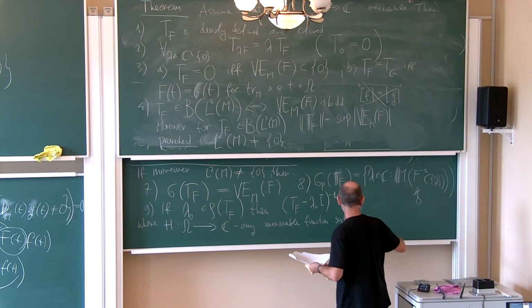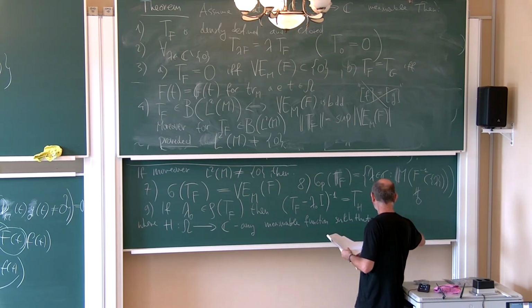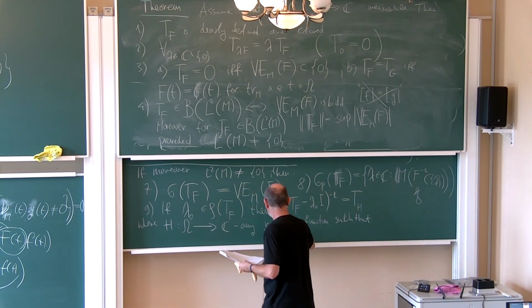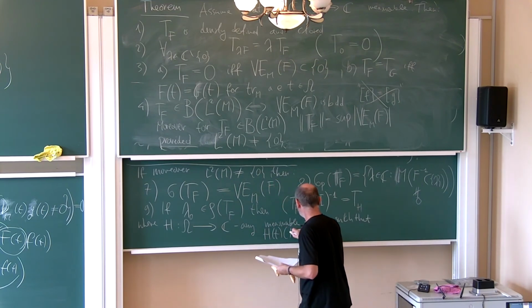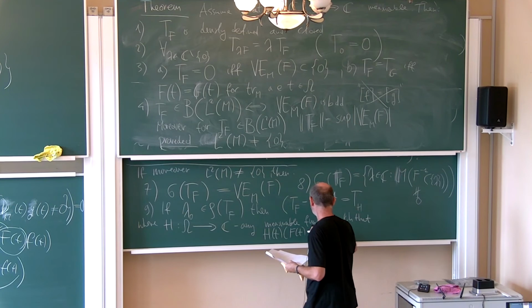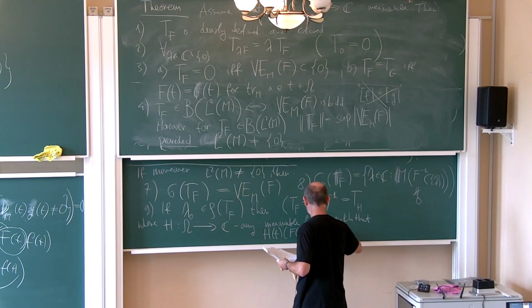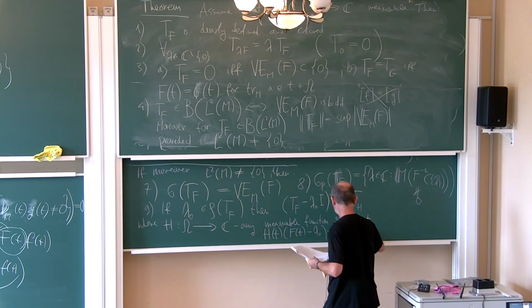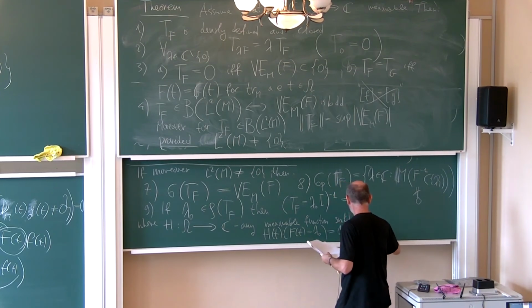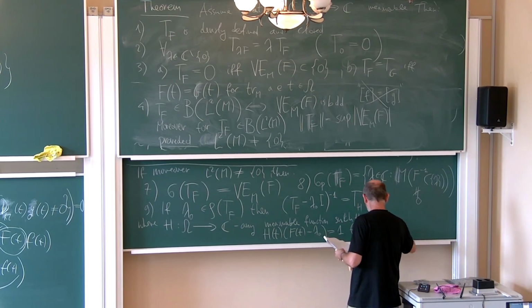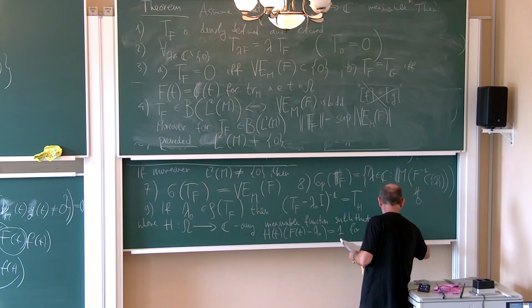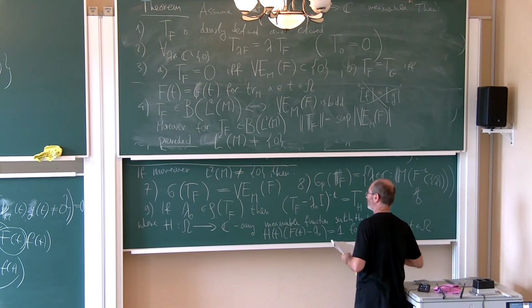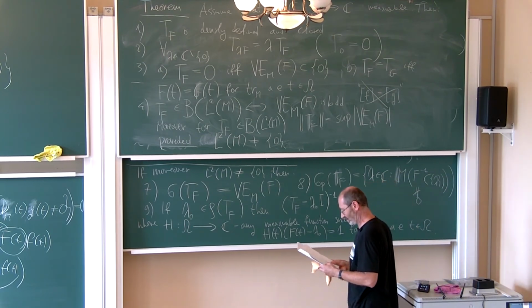So we can write the condition h of t times f of t minus lambda 0 equals 1 for trace of m almost each t in omega. Yes?